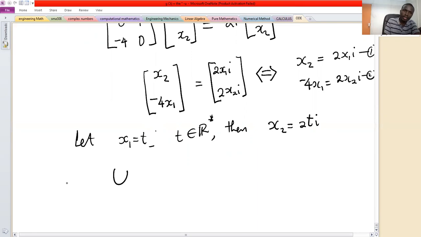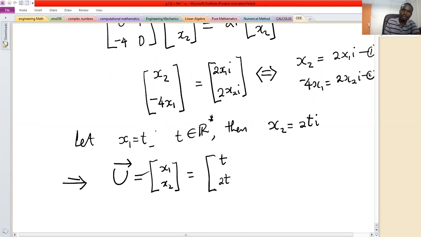So it tells us that our eigenvector u given by x1, x2 will be, where there's x1 we put t, where there's x2 we put 2ti. You can factor out t, so we have 1, 2i, and then times t. Remember, t is any non-zero real number.